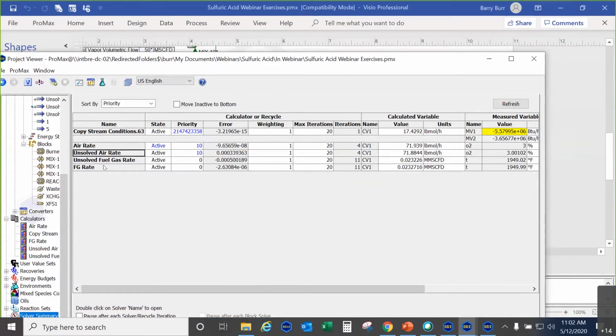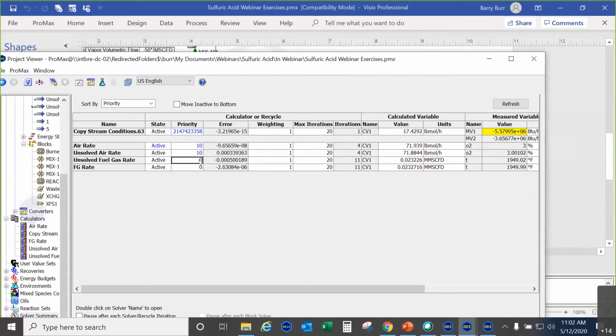We have the unsolved air rate and the unsolved fuel gas rate solver. And you can set their priorities right here. Now, the larger the number for the priority, the more of an inner loop solver that is going to be. So in this case, the priority is 10 for the air rate, which means it is larger than 0. So this is going to be the inner loop, and the unsolved gas rate has a lower priority, so it's going to be the outer loop.